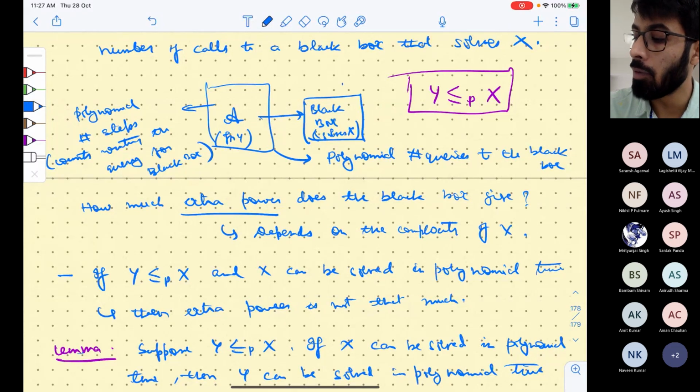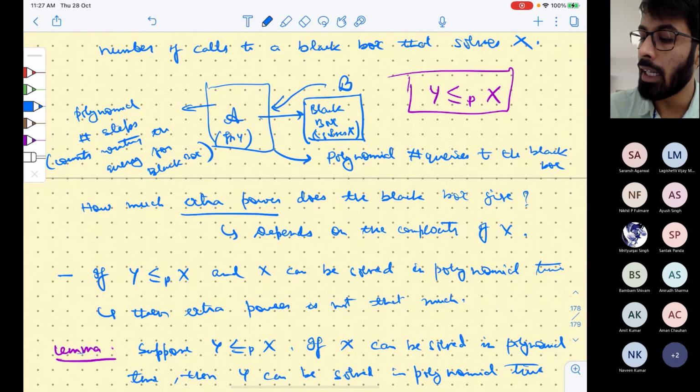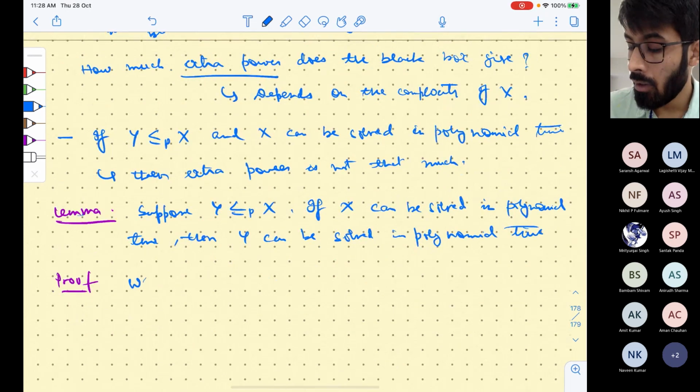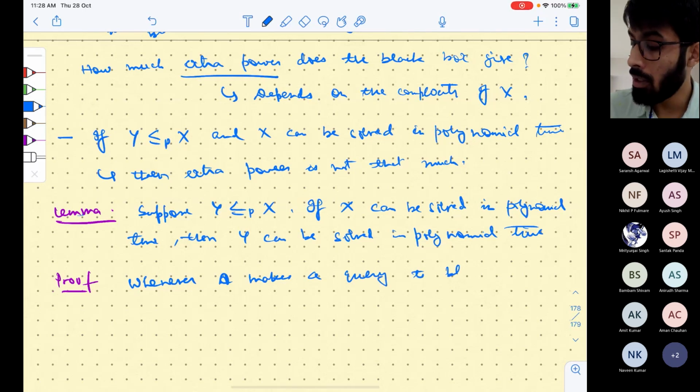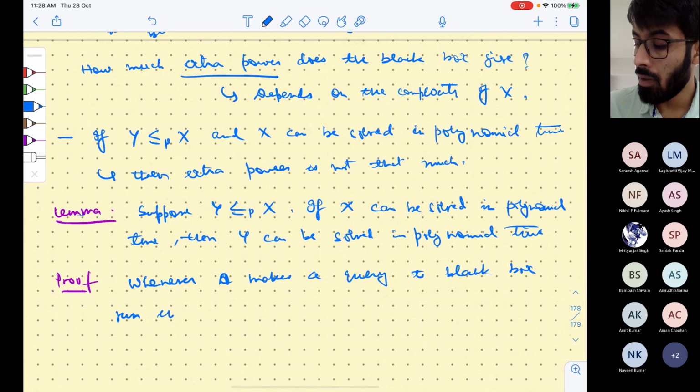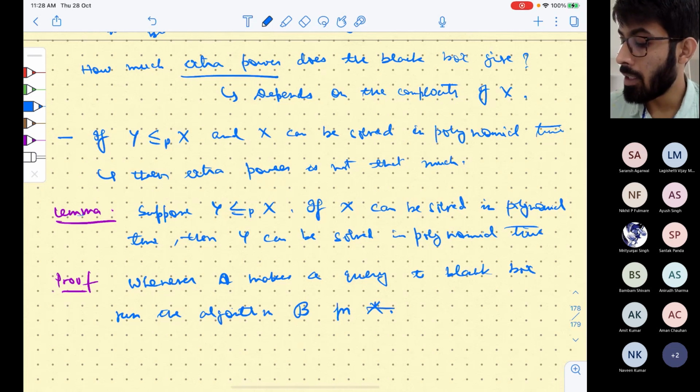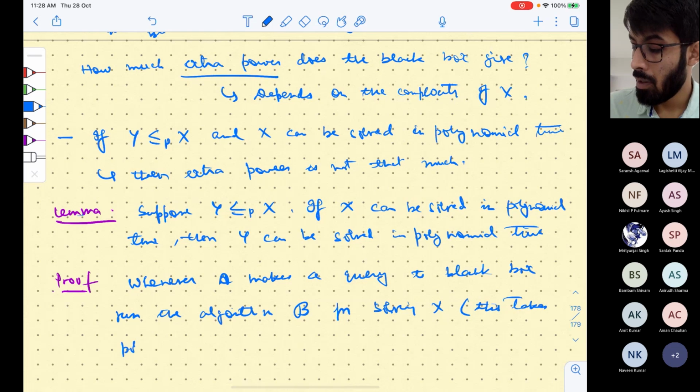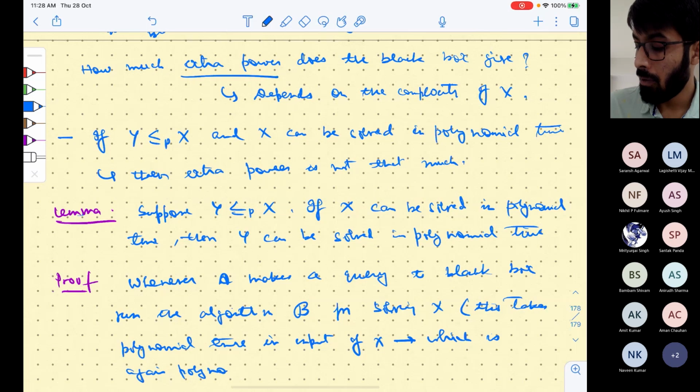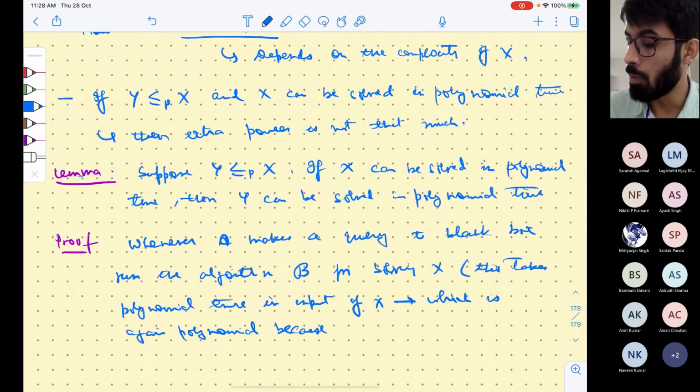Instead of the black box, we replace it with some algorithm B for X and embed that algorithm inside A. So whenever A makes a query to the black box, run the algorithm B for solving X. This takes polynomial time in the input of X, which is again polynomial, because the number of steps of A is polynomial.